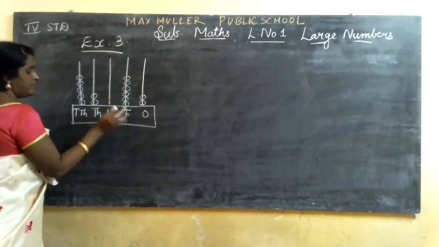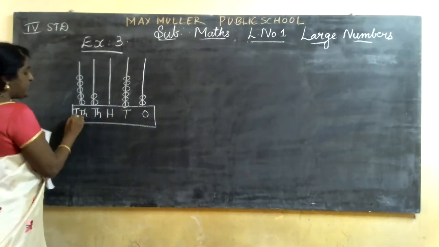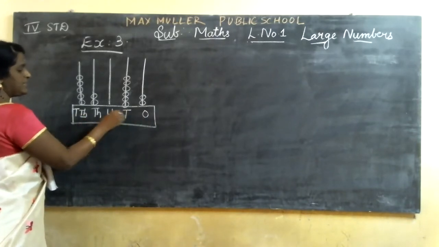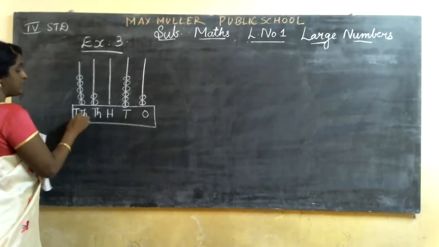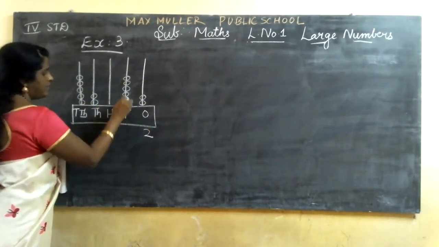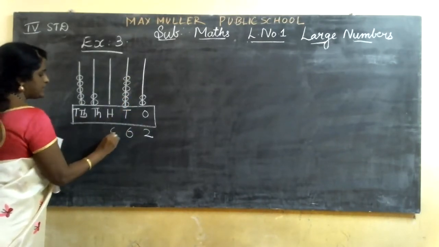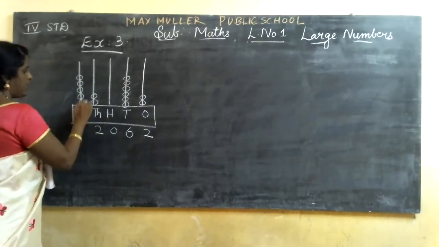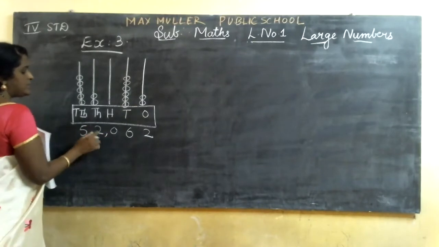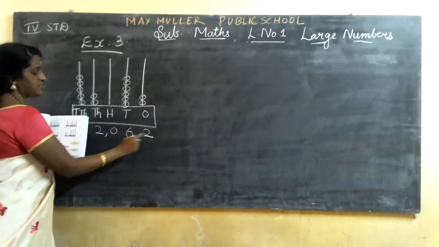If you write T, it will be different. See, T means tens, TH means thousands, and 10,000 is the ten-thousands place. Ones place, tens place, hundreds place, thousands place, ten-thousands place. So you write here 2, and 6. Here no number, 0. A 4-digit number here means 2062.